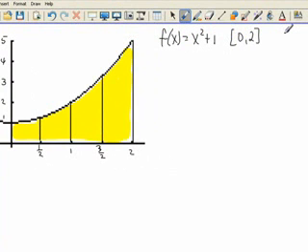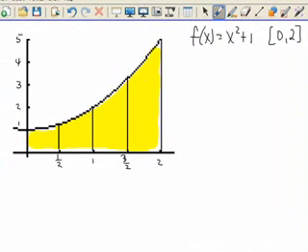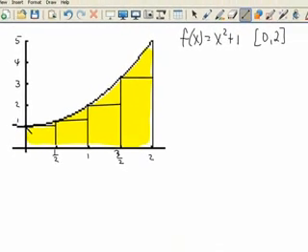And we're going to use a rectangle to approximate the area of each little piece. So let me get my line drawer again. Maybe that's my first rectangle, second rectangle, third rectangle, fourth rectangle.